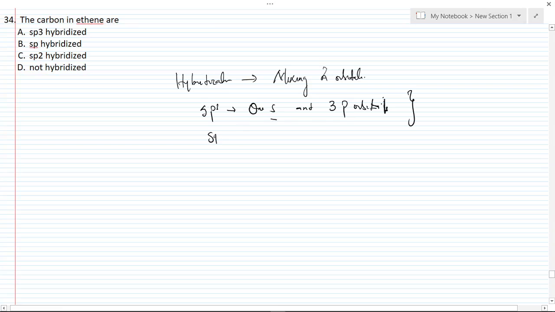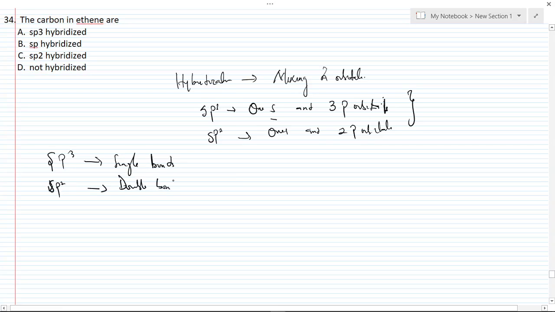In the case of sp2, we have one s and 2p orbitals. So generally, the shortcut that I use whenever I see something like this is to just know that sp3 refers to single bonds, sp2 refers to double bonds, sp refers to triple bonds.